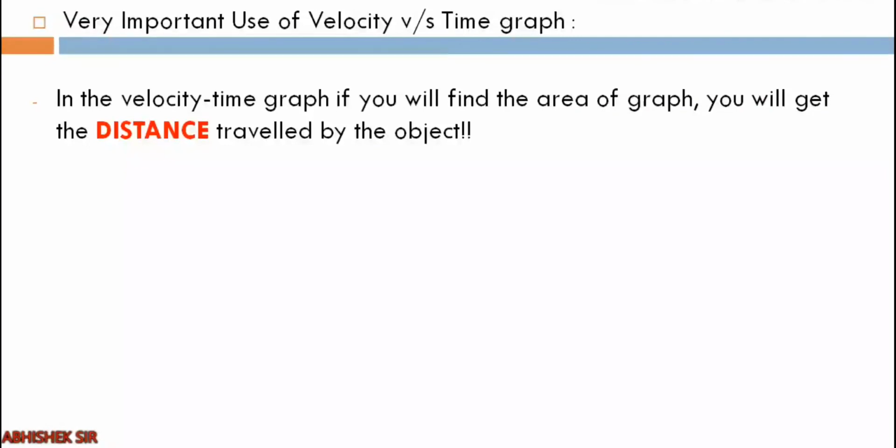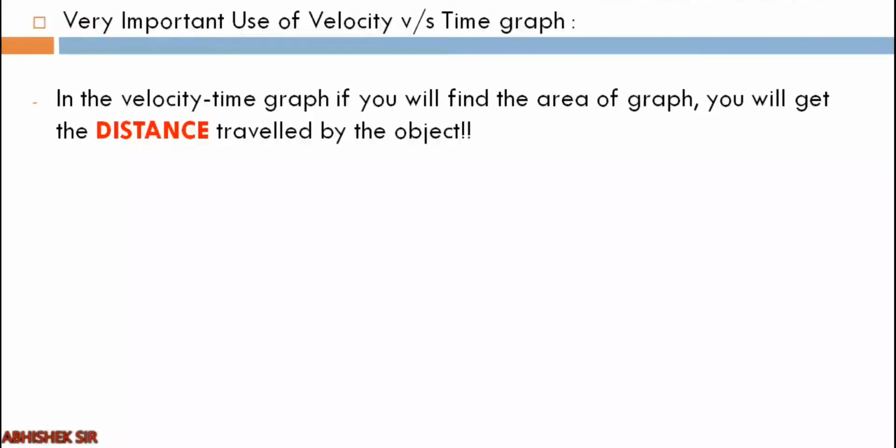For example, if it is a square type of graph, you will find side into side. If in the graph it is a triangle, then you must use half base into height. That all depends on how easily you identify whether it is the area of a square, rectangle, or triangle.